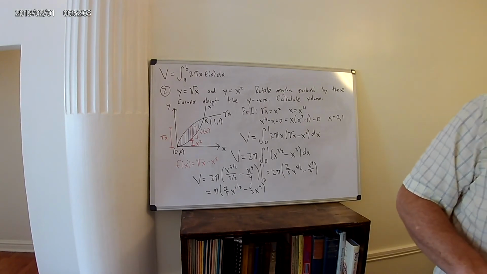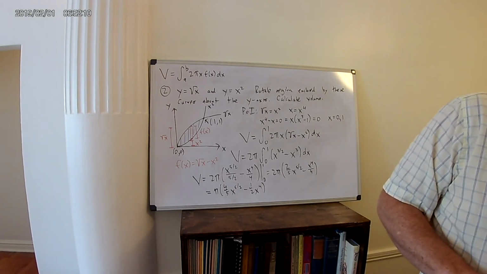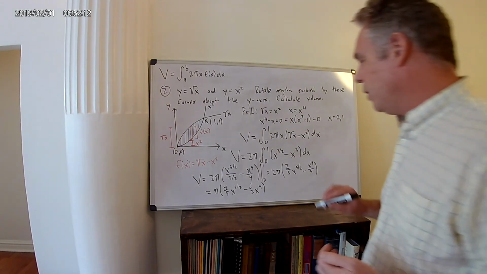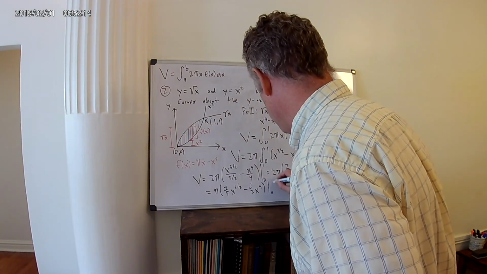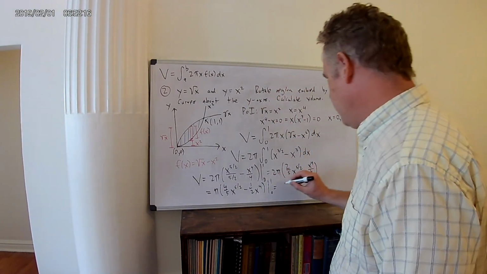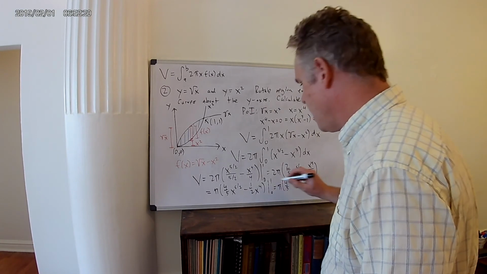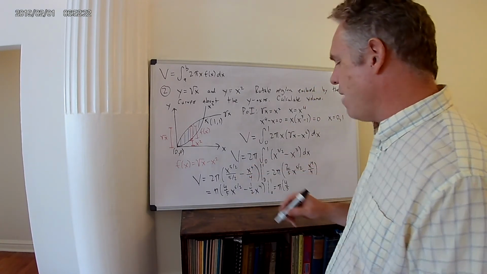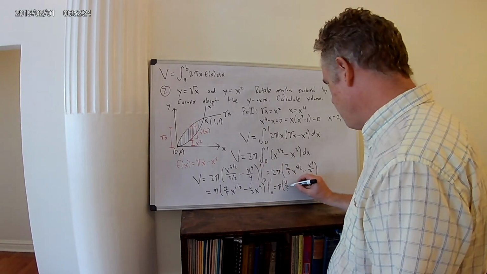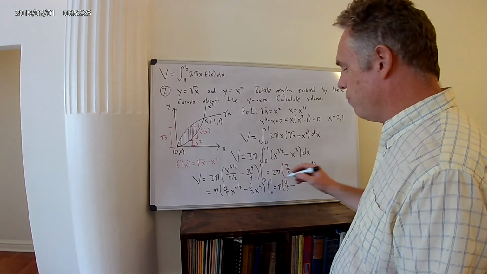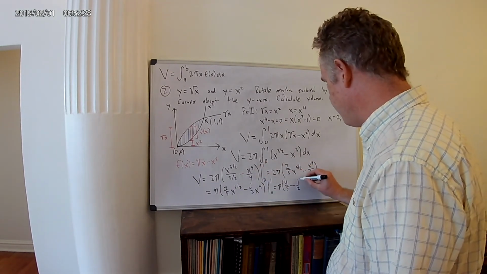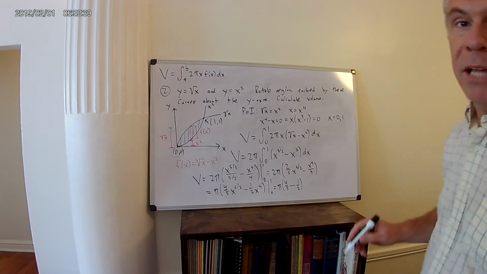Let's make sure I'm on the right track here. If we plug in the limits, evaluated from 0 to 1, we get pi times 4/5 times 1 to the 5/2 power, which is 1, minus 1 to the 4th power, which is 1, times 1/2. If we plug in 0, we get 0.